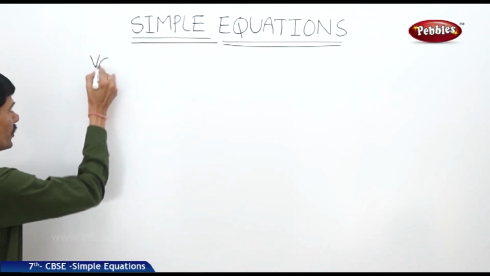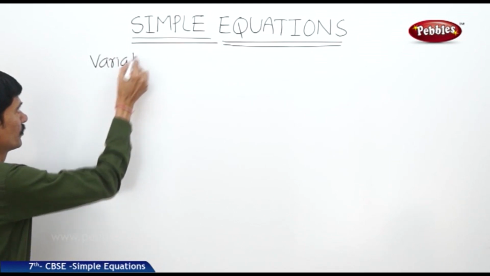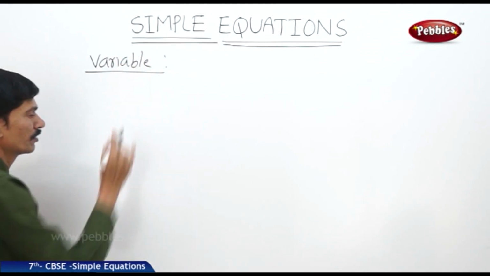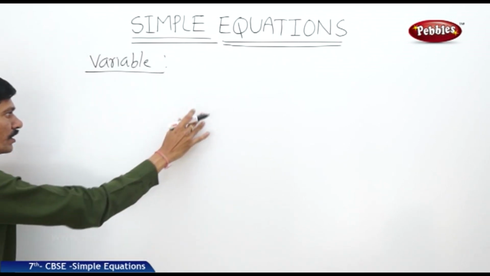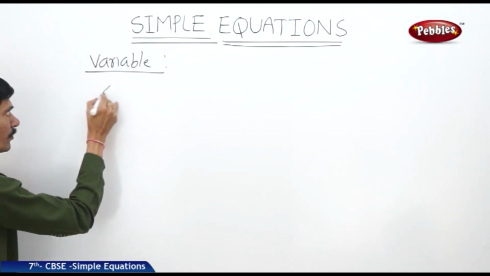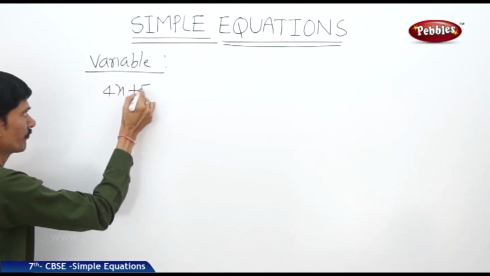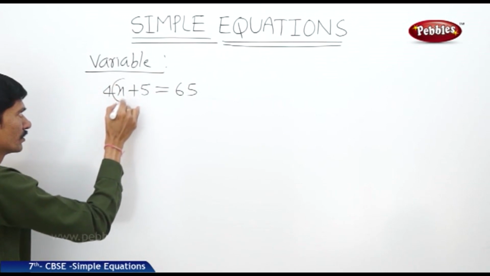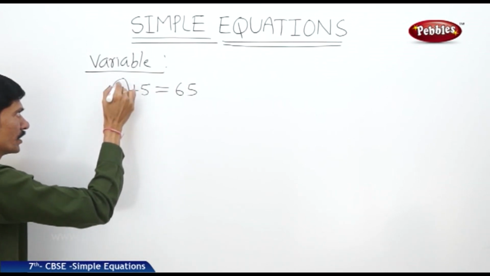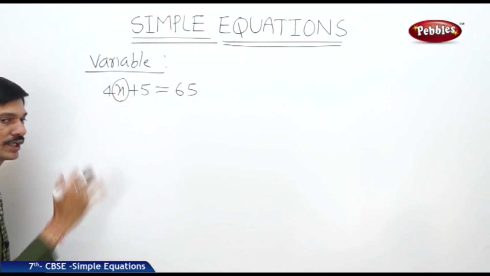Now first, variable. The word variable means some number which can vary, which can change. So in the above equation, 4x plus 5 equals 65, the unknown number denoted by x represents the variable.